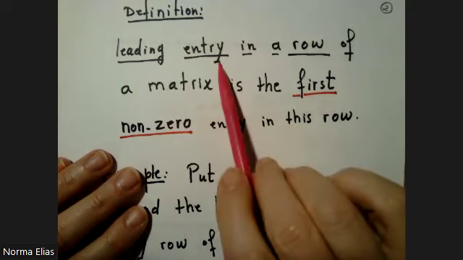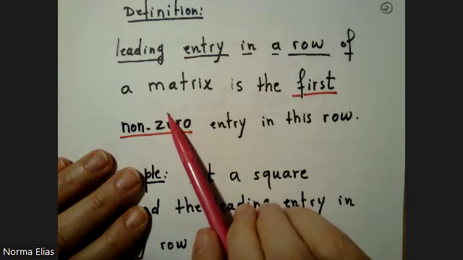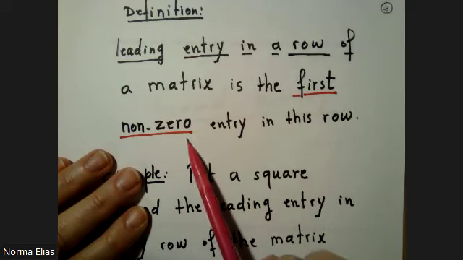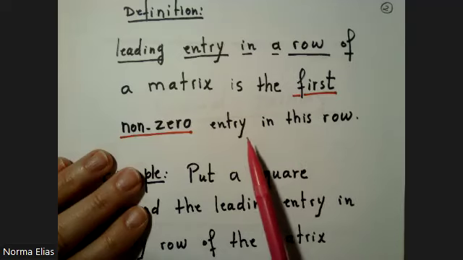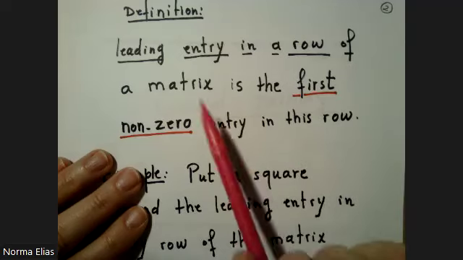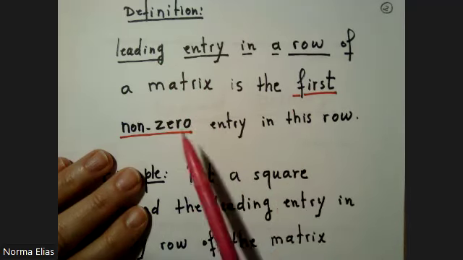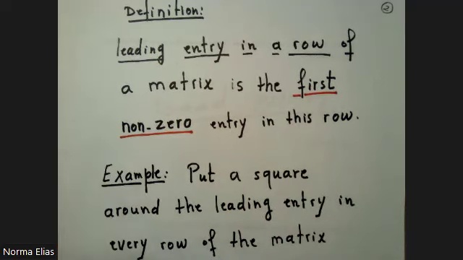A leading entry in a row of a matrix is the first non-zero entry in this row. Okay, so we have a matrix. We're going to see the example immediately. The leading entry in a row is the first non-zero entry in this row. So let us see what I mean by that.